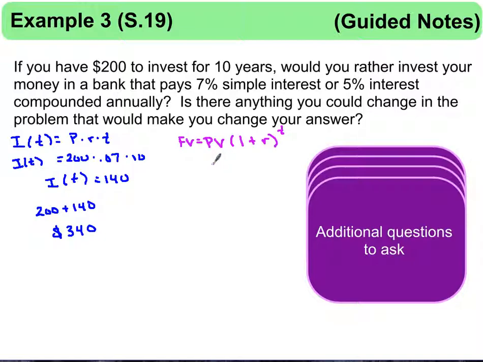So the present value is $200. 1.05, and so if we did for the first year, that would be 200 times the 1.05, that's going to be $210.